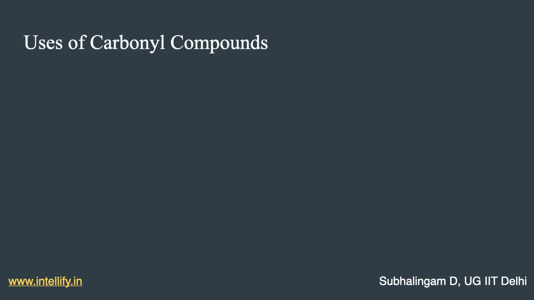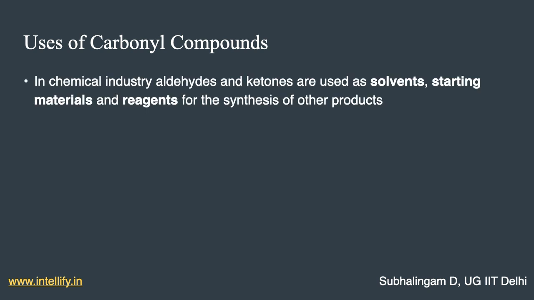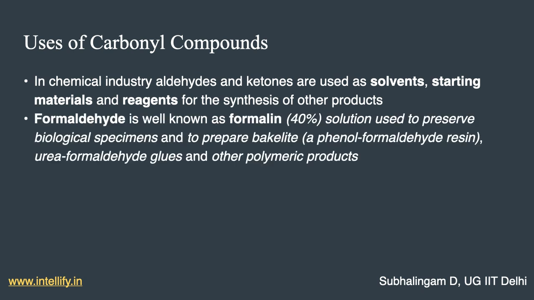So with that we have finished different ways of preparing aldehydes and ketones. Now we will see some uses of carbonyl compounds so that we have some purpose of preparing these. In chemical industry, aldehydes and ketones are used as solvents, starting materials and reagents for the synthesis of other products.